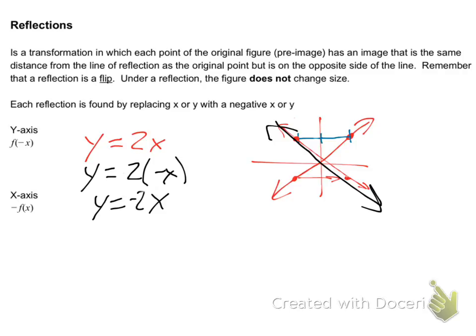It's a negative 2x. So therefore it goes across the y-axis. The x-axis, guys, we've done that before. We've put a negative out front. That's why our graph's flipped. Instead of being here going up, we went down here, right? That's the parent, family, child stuff that we did with exponential growth graphs.